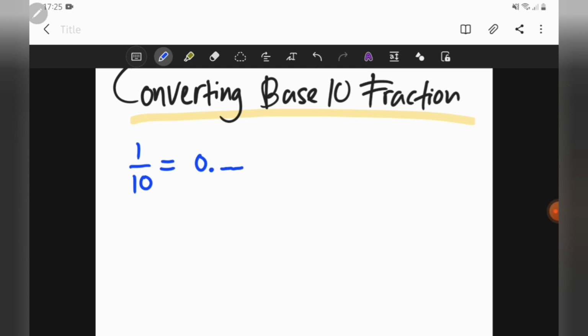Why one? Because there's only one zero here. It depends on how many zeros are in the fraction. That is how you decide how many digits go after the point. Here it's only one, so we put 1 here, and the answer for 1/10 is 0.1.